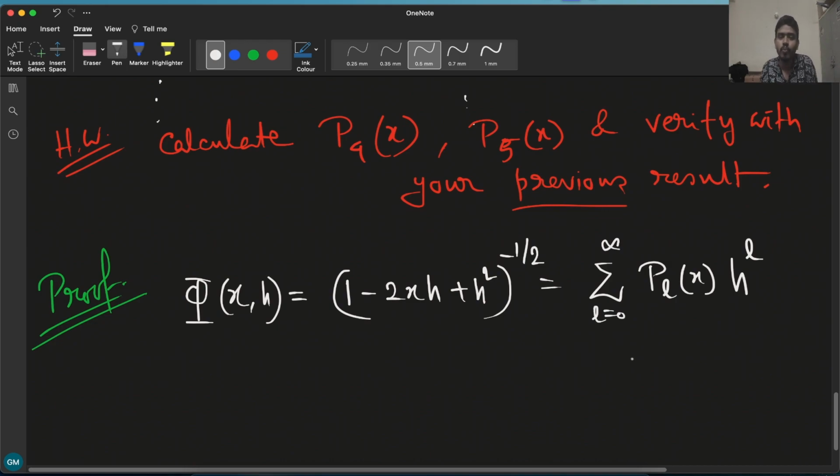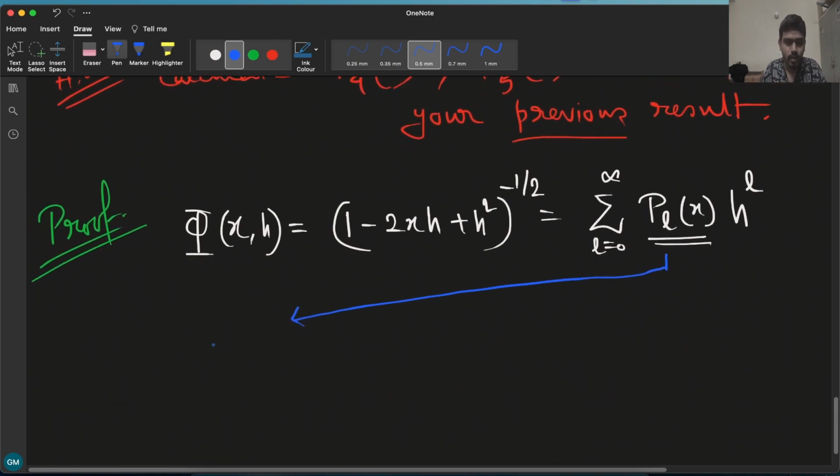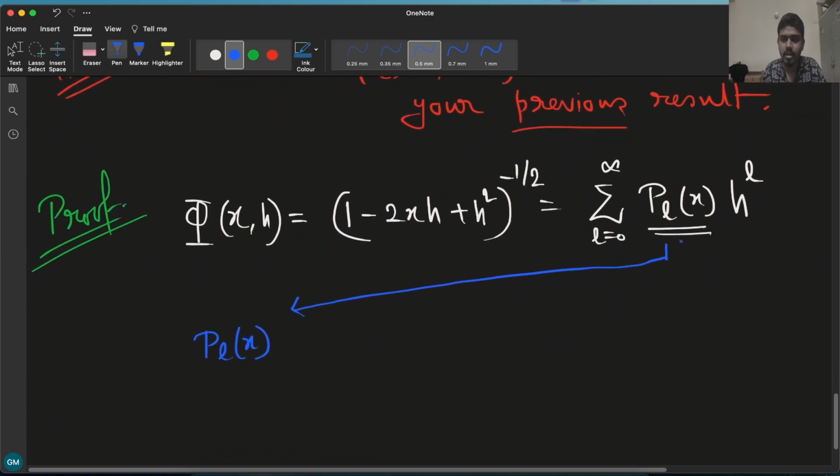Now if I want to prove that this p_l(x) is actually the Legendre polynomial, basically I need to show two things. One is that these p_l(x) that we get by expanding this function satisfy the Legendre differential equation.